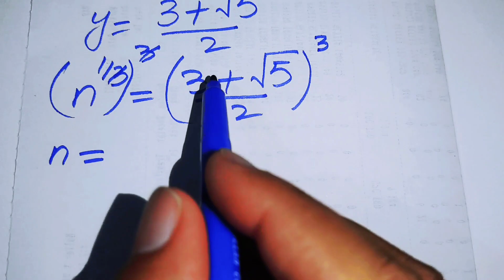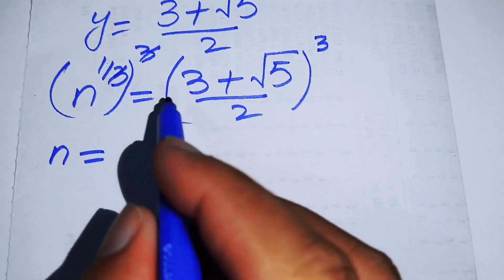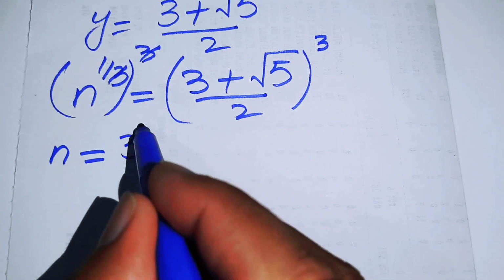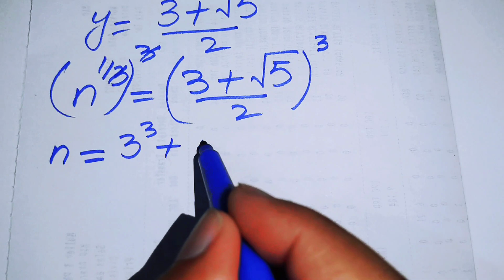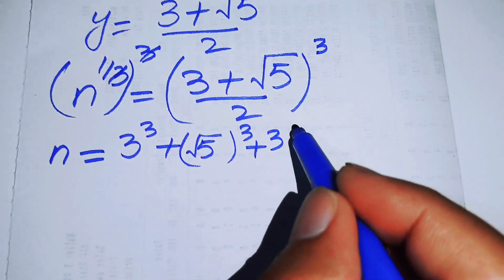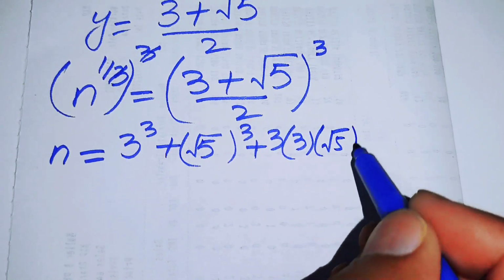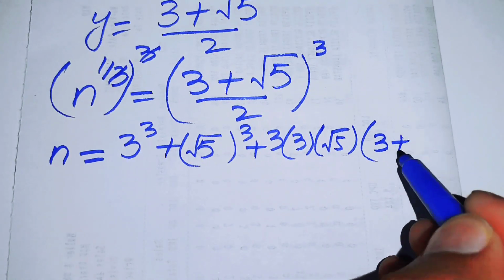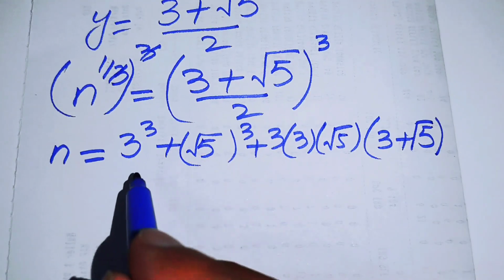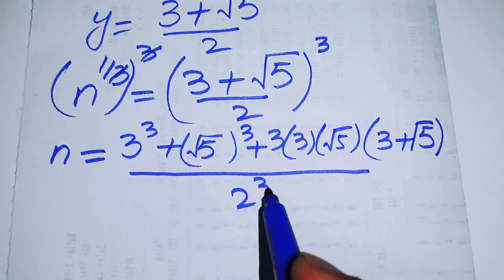First we can open the cube on the upper term, so the upper term will be written in the form of a cubed plus b cubed plus 3 times a into b into (a plus b). I can apply here the nice cubic formula, and the whole over 2 to the power of 3.